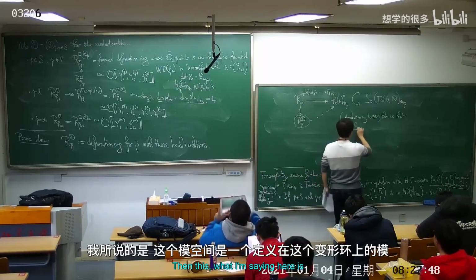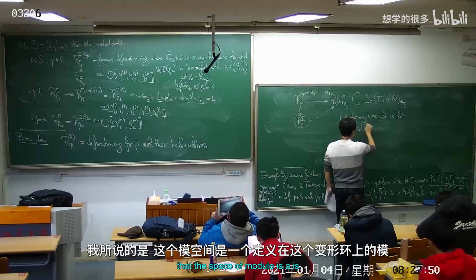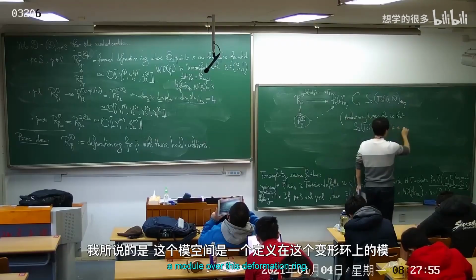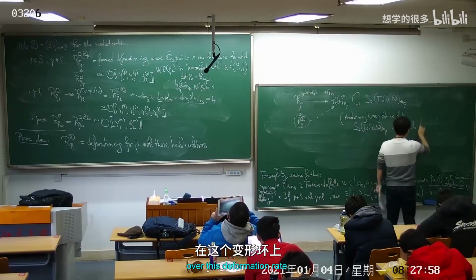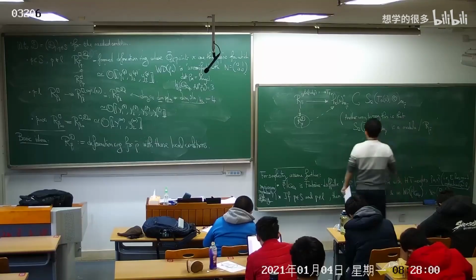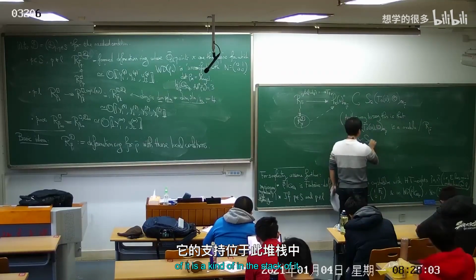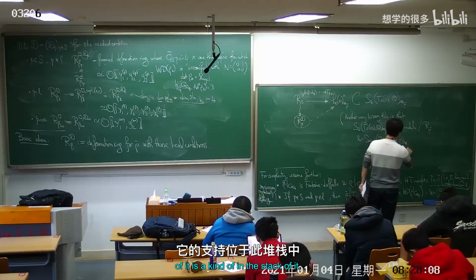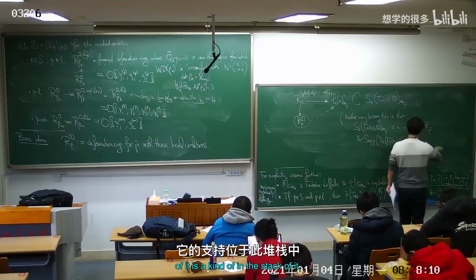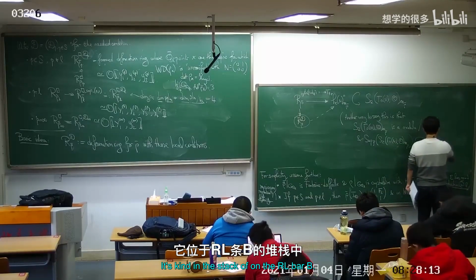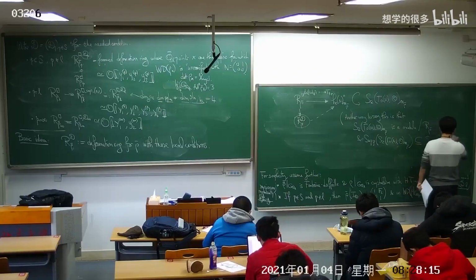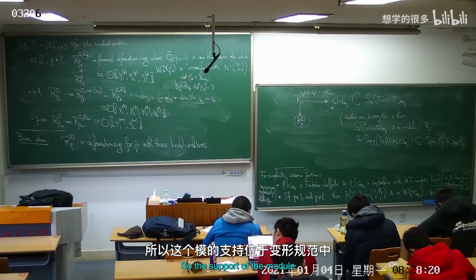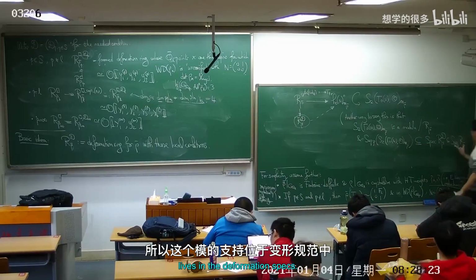Then what I'm saying here is that the space of modular forms is a module over this deformation ring, and the support of it is contained in the Spec of R rho bar D. So the support of the module lives in the deformation space.